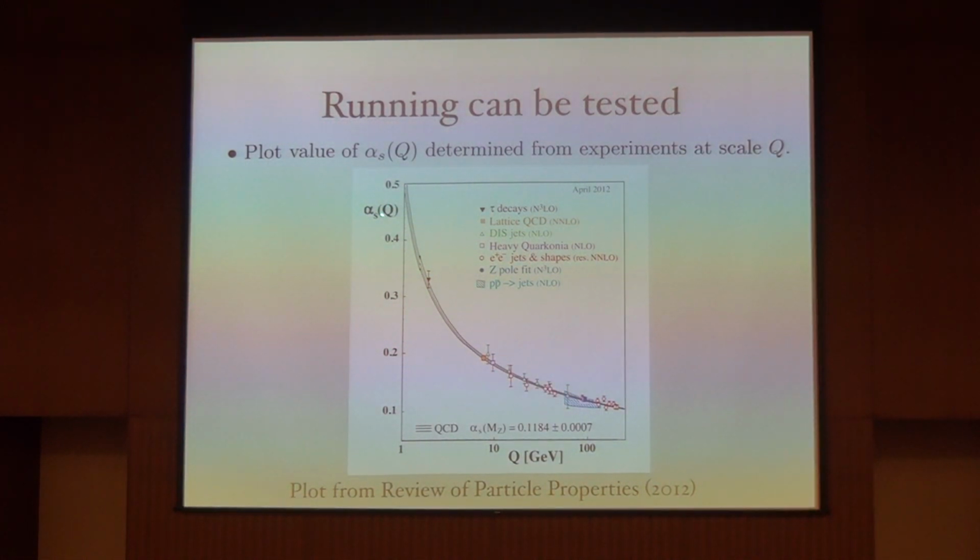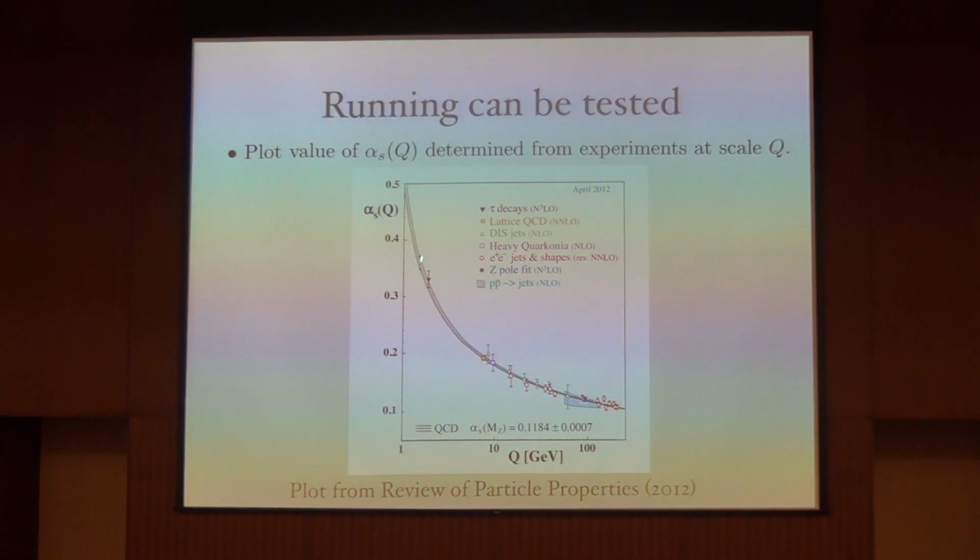Here's alpha strong of Q as measured by several different kinds of experiments at different values of Q. Q is on the horizontal axis. So Q of 100, these are experiments at left with 100 GeV of electron positrons hitting each other with 100 GeV of energy, and Q going down to 10, Q even going down to just a couple of GeV.